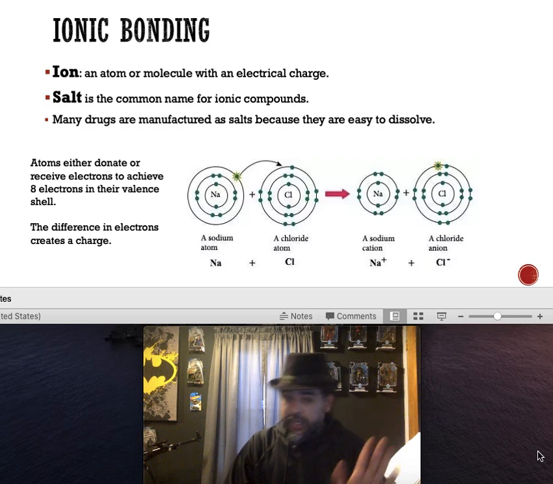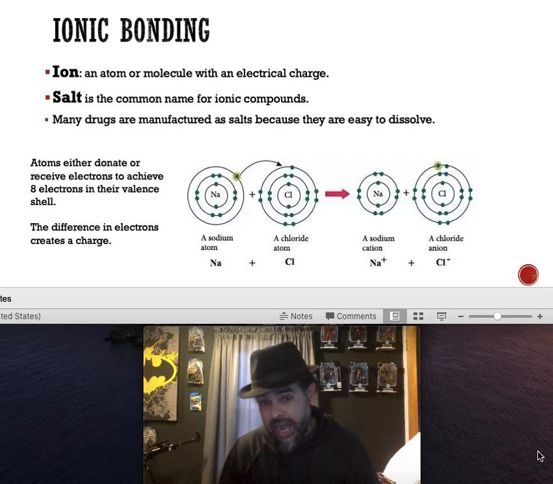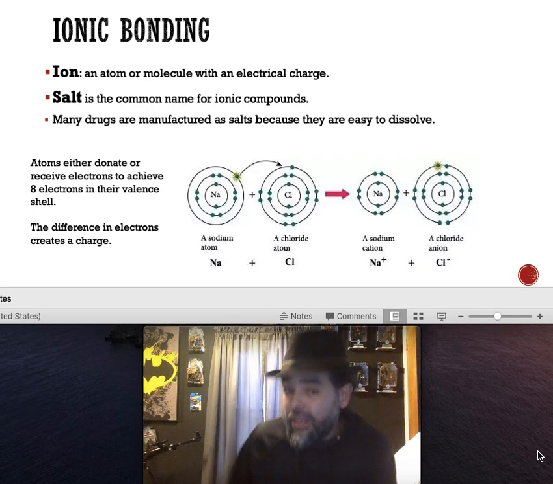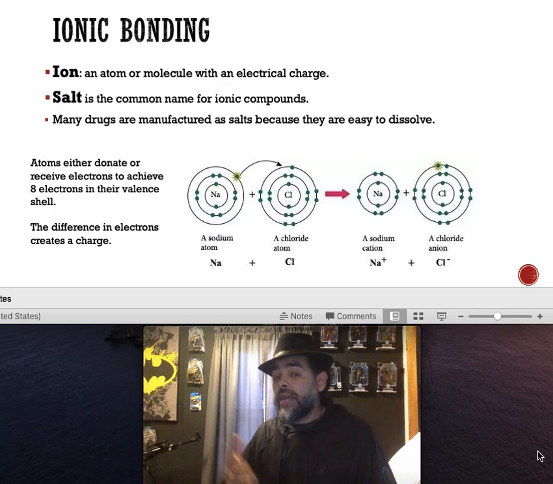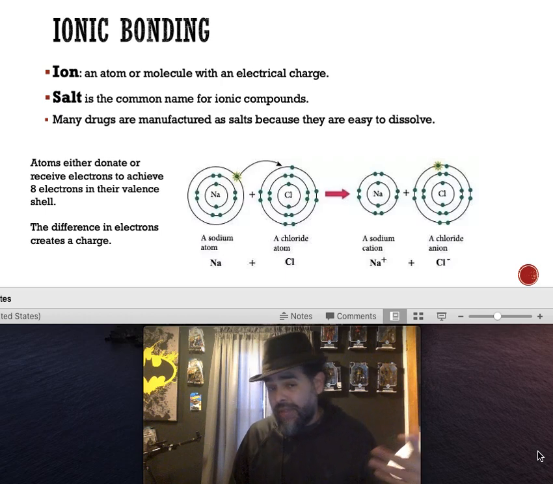To understand ionic bonding, we have to know what an ion is. An ion is nothing else than an atom that carries an electrical charge. If I have an atom that carries an electrical charge, I call that an ion. I can have either a positive charge or a negative charge, and they have different names.